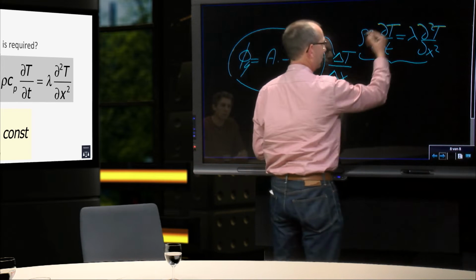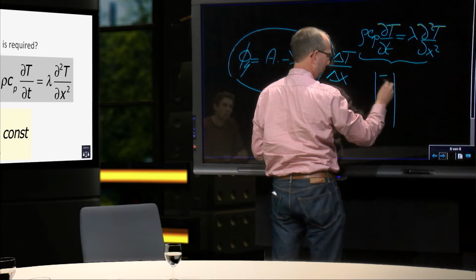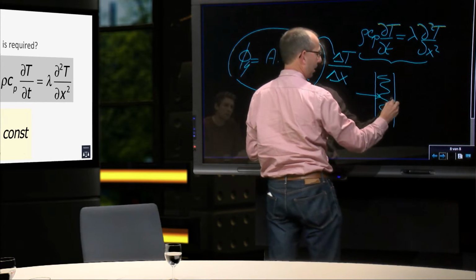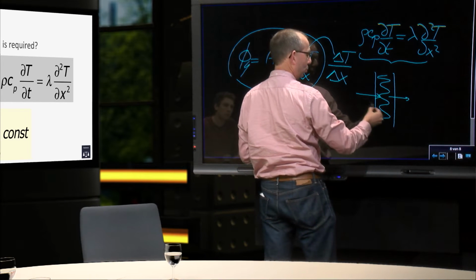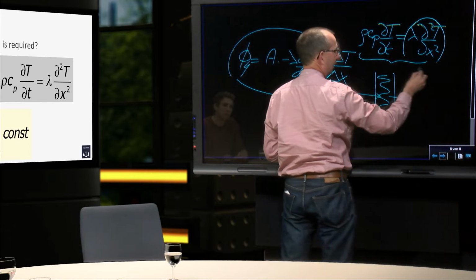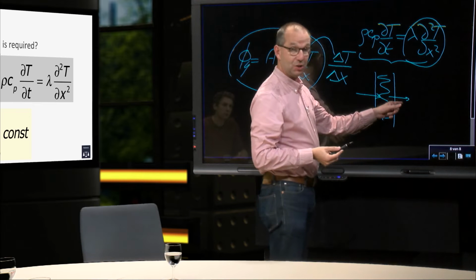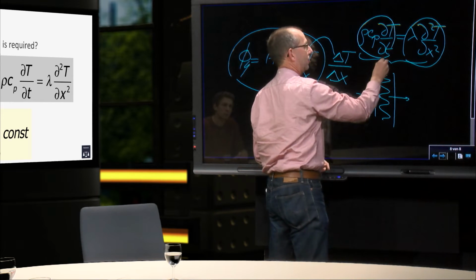What it says is that if I have an object, a strip of material, and I let heat flow come in from the left side and heat flow out on the right side, then these two grouped together give you something like this. If there is more flowing from this side than from that side, the object will be heated over time. That is what this part tells.